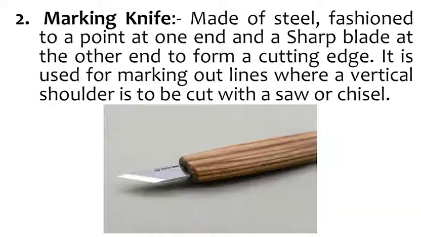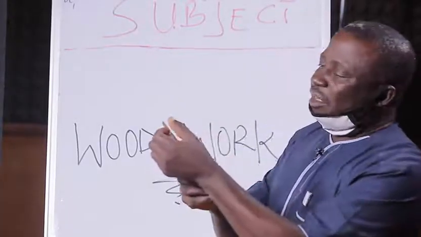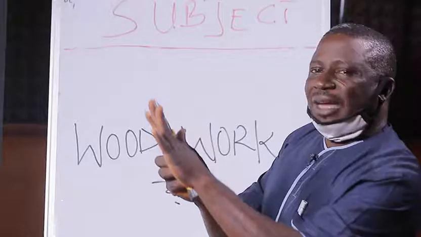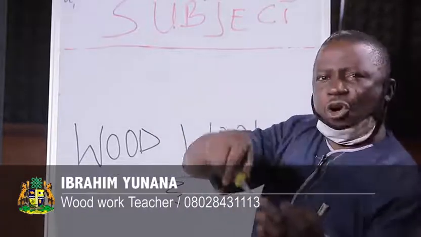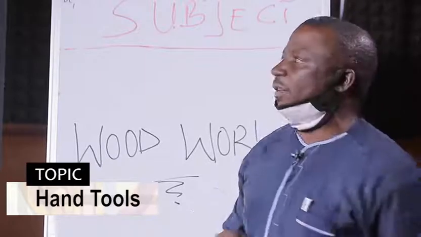We said it's made of steel, fashioned to a point at one end and a sharp blade at the other end to form a cutting edge. Now the cutting edge, you can see, this is the blade. It is sharpened at one edge, beveled at one edge. The reason is to enable sharp mark or cut while you are creating mark on a surface.